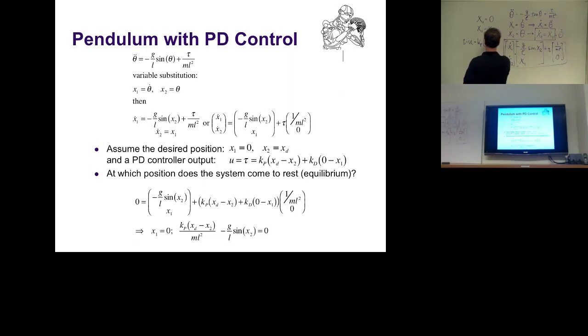This is x desired minus x, plus a derivative gain times x dot desired, the velocity desired is 0, minus x dot. And I forgot to write things here. This was x2, this here is x1.